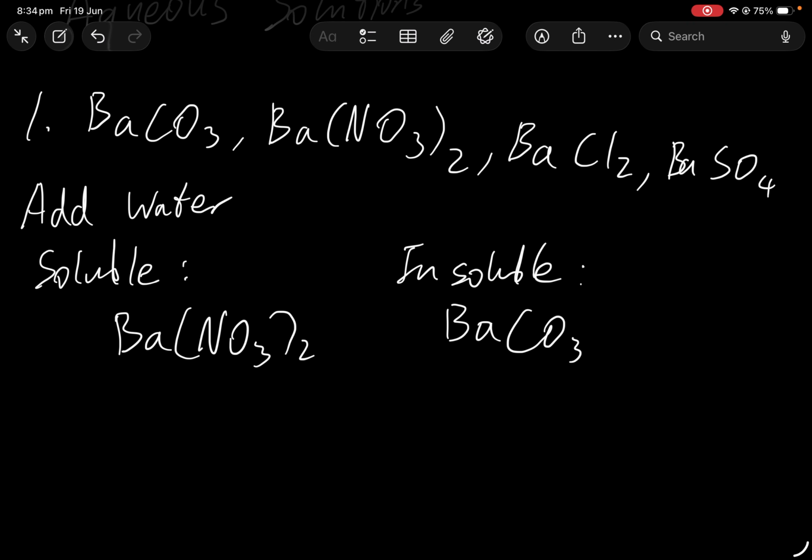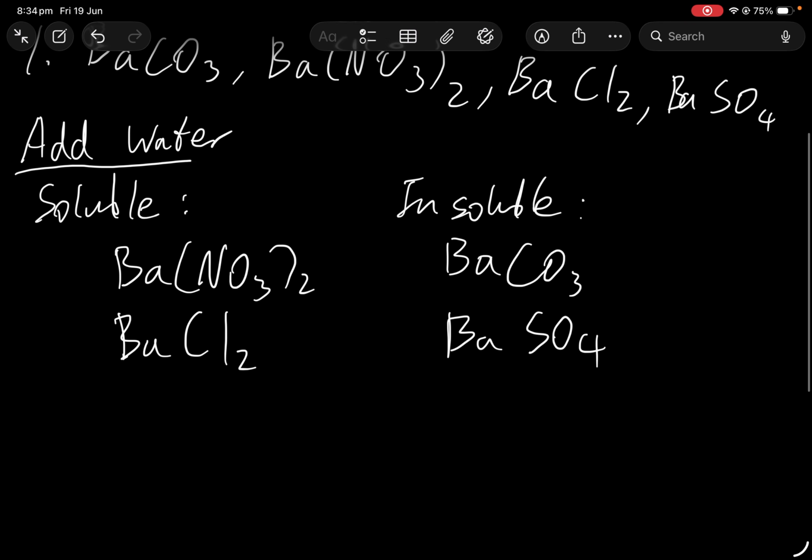Barium chloride: it says most chlorides are soluble except for silver, so this is here. And barium sulfate: most sulfates are soluble except for barium sulfate, so barium sulfate is insoluble. So that goes here.